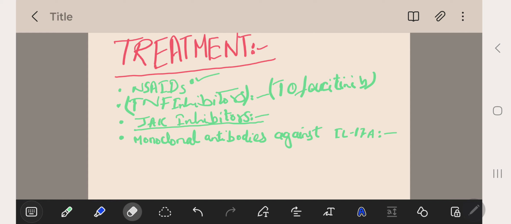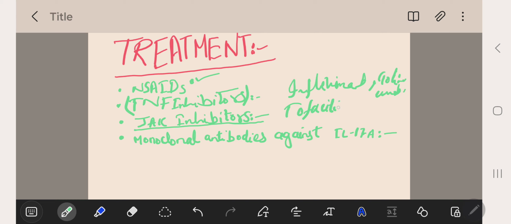TNF inhibitors are infliximab, golimumab, while JAK inhibitors are tofacitinib, etc. If the disease is resistant to all these medications, then we use monoclonal antibodies against interleukin 17A.